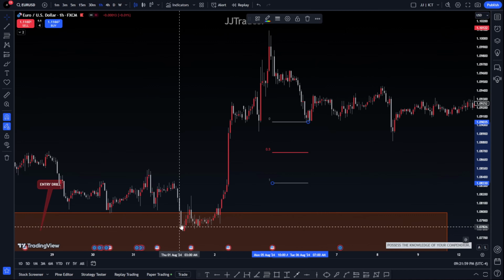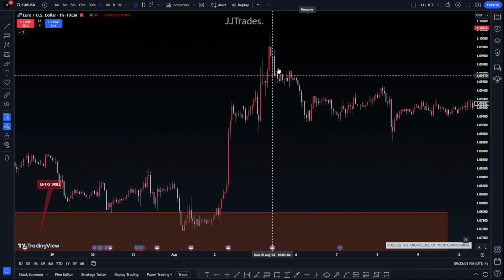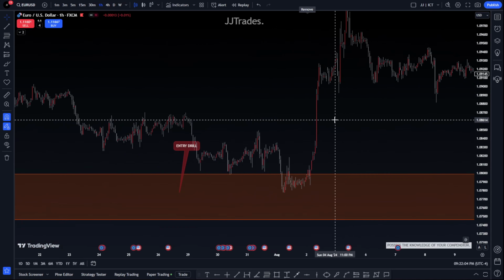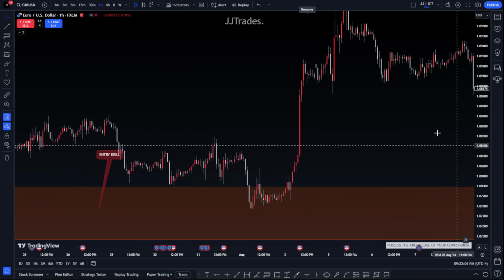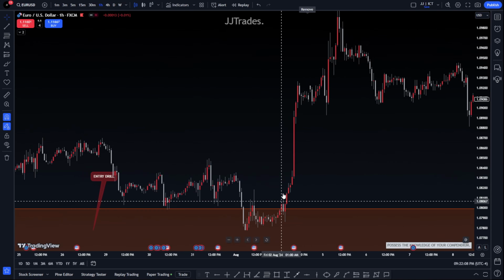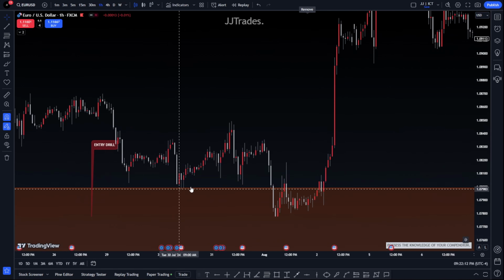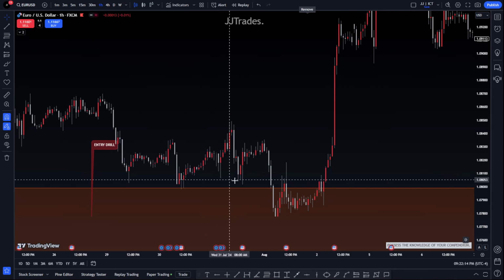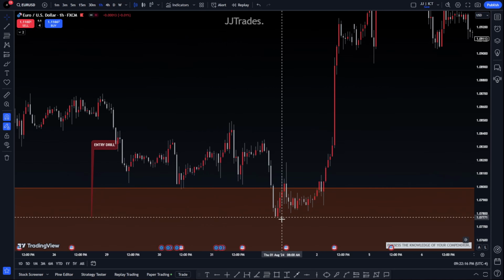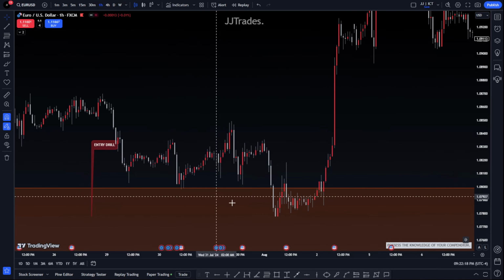So let's look at this dealing range here and see how it formed. This entire thing here is a dealing range. Before this big displacement, this big move up, price took out these lows here. What was the last, the deepest swing that price created after those lows were taken? It was this one.